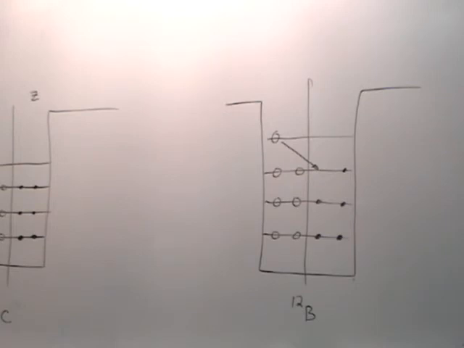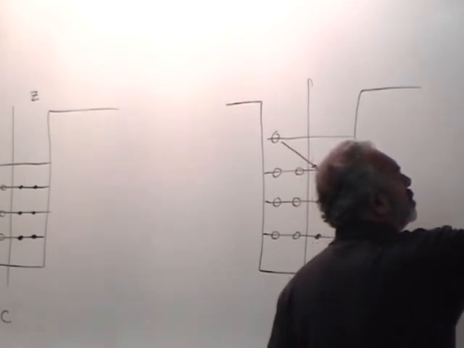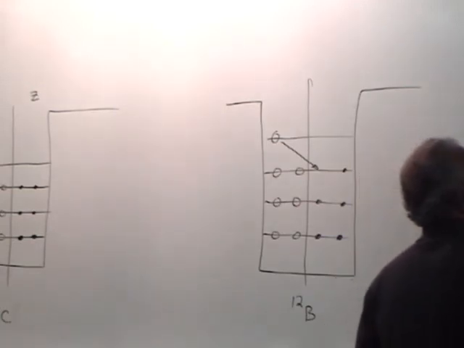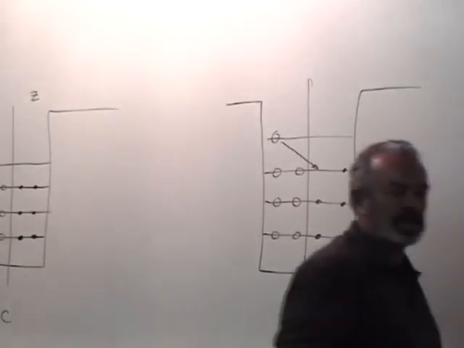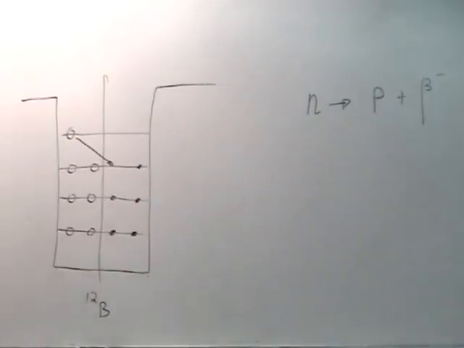What we think of as the neutron decays to a proton plus a beta minus. That is an electron. It's called beta decay, so I'm going to use the beta symbol there.